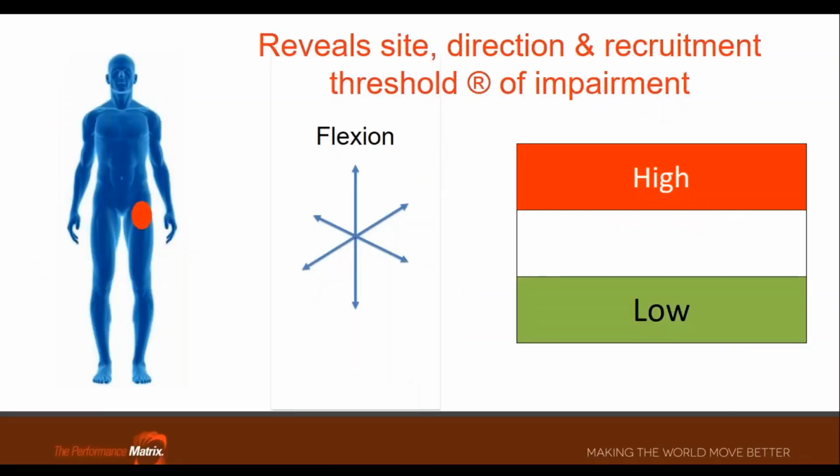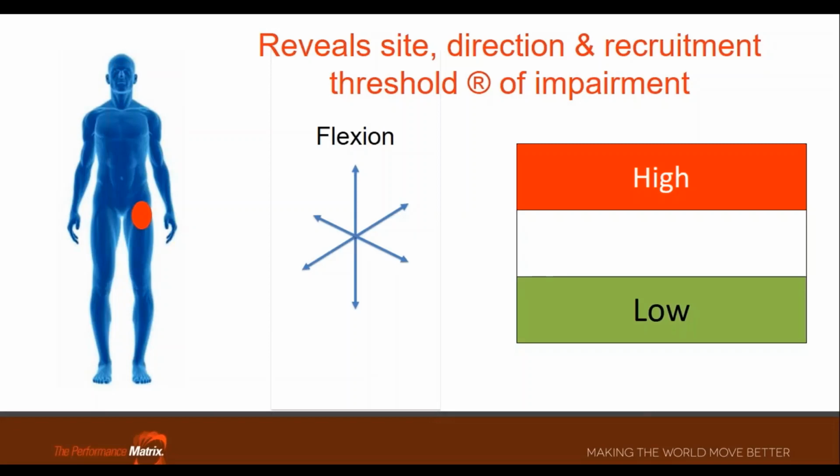This is revealed through the tool of site, direction and threshold, which, for example, identifies that at the hip into hip flexion, this individual consistently cannot prevent a movement happening. And this is then profiled at either a high or low threshold of muscle recruitment. So how sensitive is this particular structure we're testing?